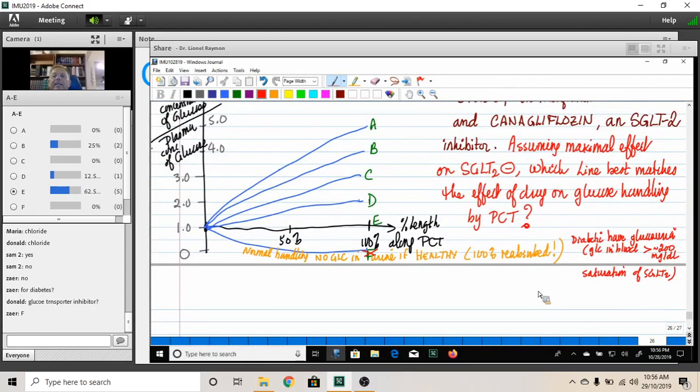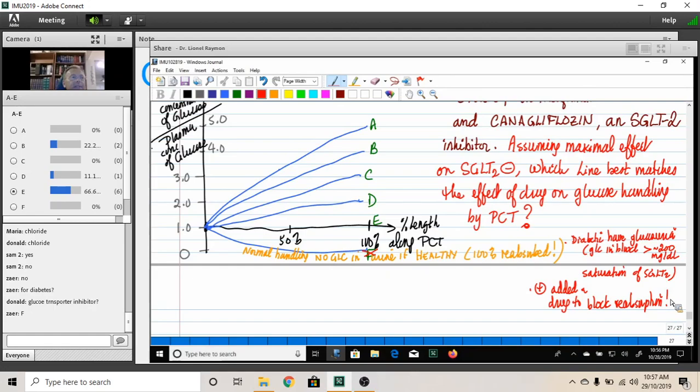And here, plus, you've added a drug to block reabsorption. So no, it's going to have to be either A, B, C, D, or E. You going for E, it's not going to be correct.